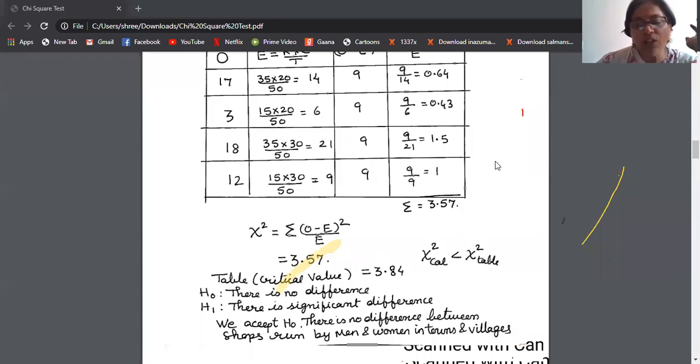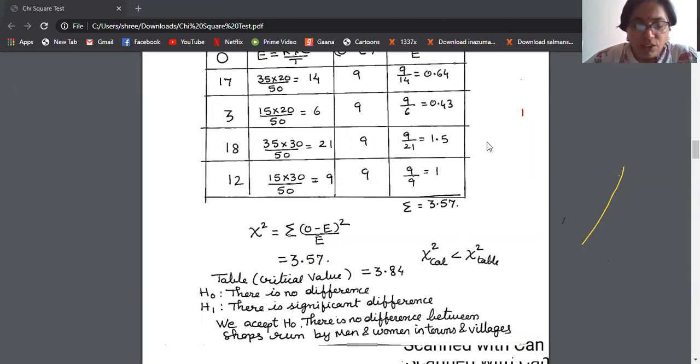H naught, the null hypothesis, will always be that there is no difference. There is no difference between the shops run by men and women in towns and villages. Whatever the question is, that will be the answer.